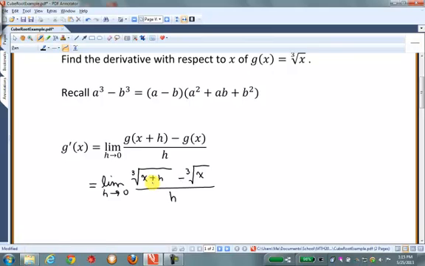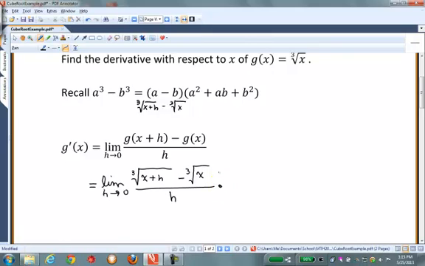But if I think of this in terms of this factoring formula, where a is the cube root of x plus h, minus b is the cube root of x, and then I multiply this by this expression with the appropriate replacements of a and b, I'll get a cubed, or the cube root of x plus h cubed, minus b cubed, or the cube root of x cubed. So I'll basically have removed those radicals.